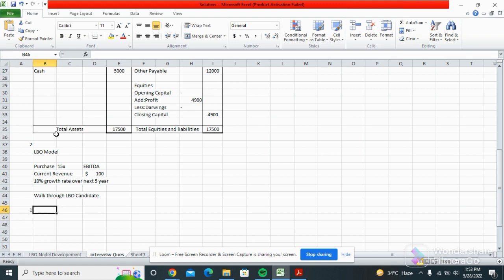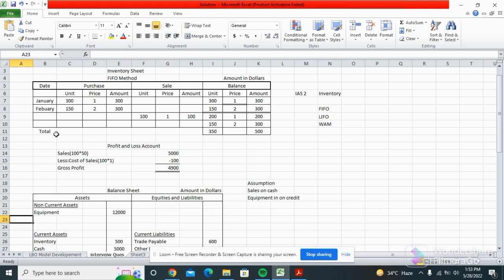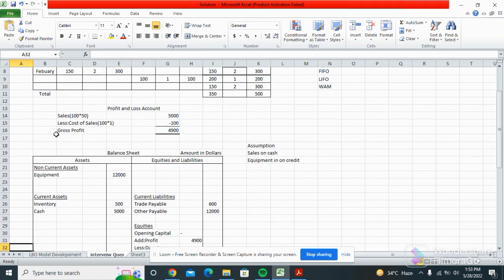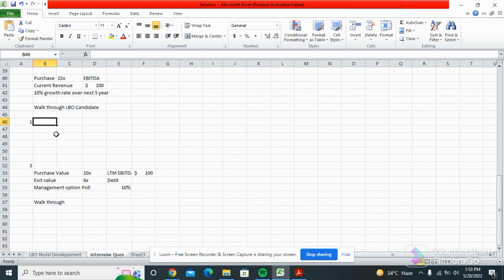So the first thing that is very important in an LBO model is the right or suitable purchase price. First of all, it is necessary for an LBO candidate that we acquire this company at the right purchase price.